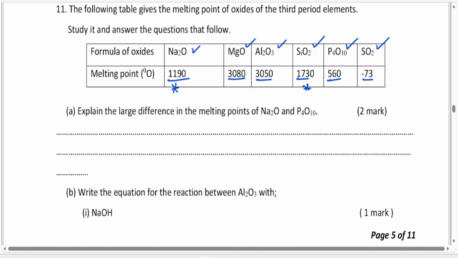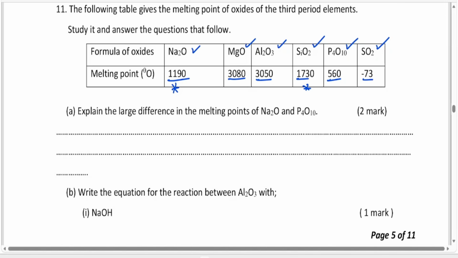We know silicon oxide has a giant covalent structure, which requires high temperatures to break the bonds, therefore high melting point. Sulfur oxide, you can see it has a negative melting point, meaning gases being molecular, they require very little temperature to break the bonds. Let's look at part A of this question.